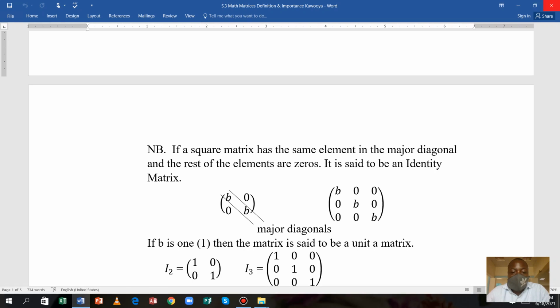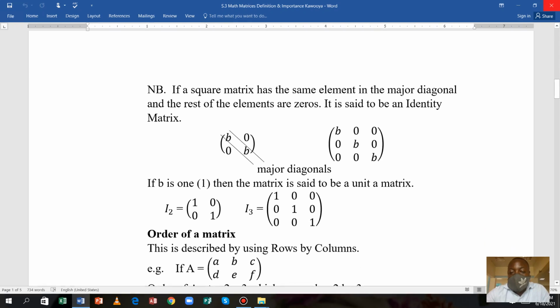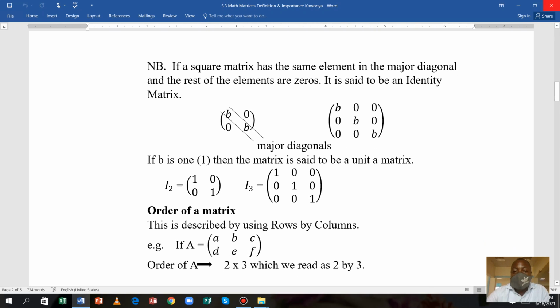An example there, when we look at a matrix with 2 rows and 2 columns, it has letter B in the major diagonal and the rest are zeros. In the second example, we have letter B in the leading diagonal or major diagonal, and the rest of the members are zeros. But it has 3 rows and 3 columns.